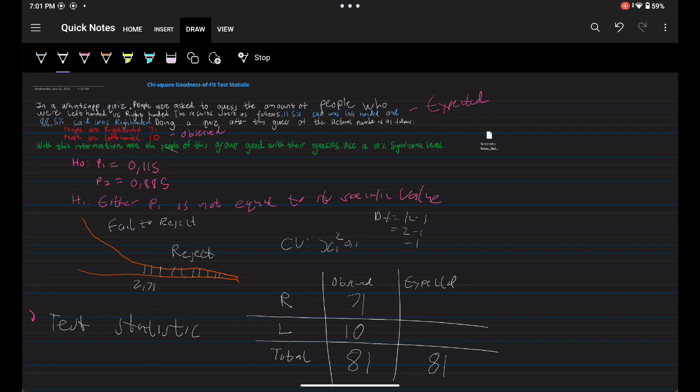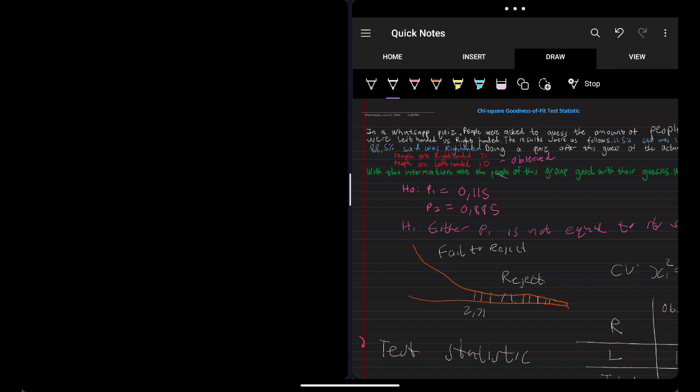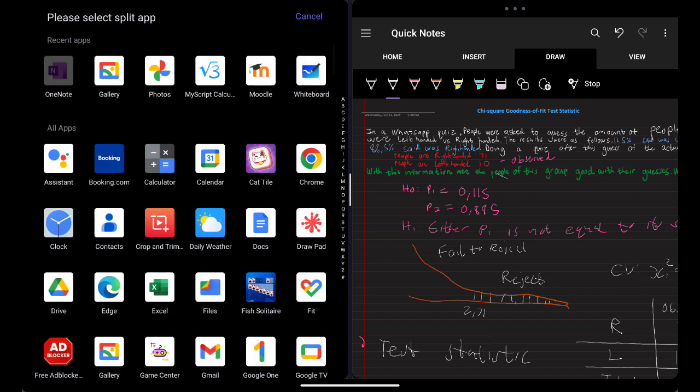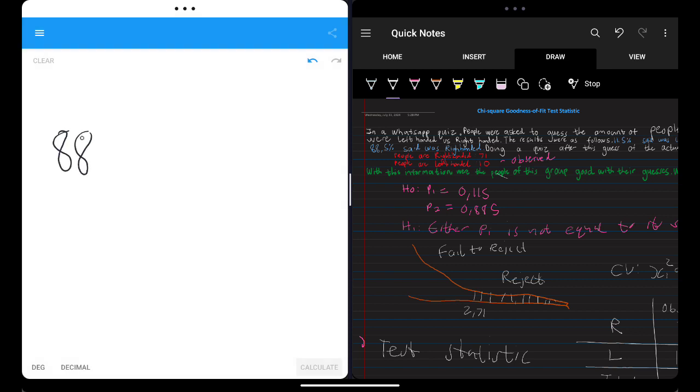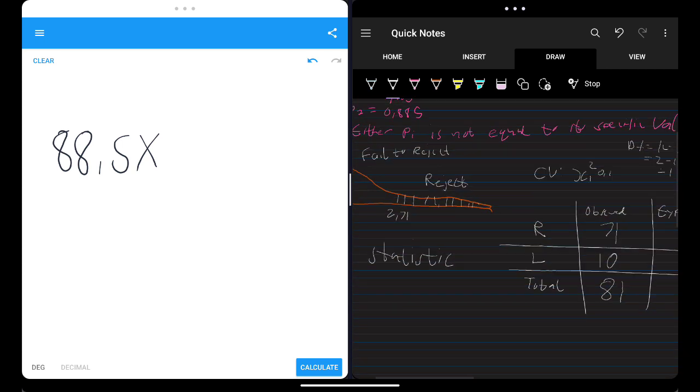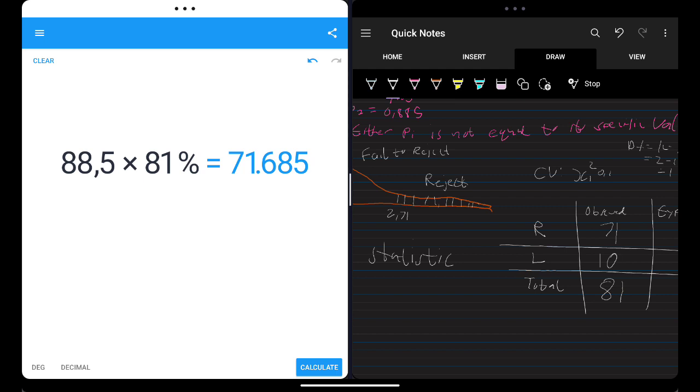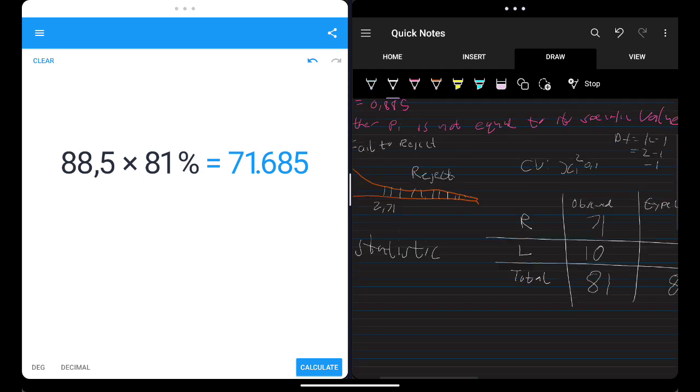If you go to your calculators, we're looking for 88.5% of 81. That is 71.69.